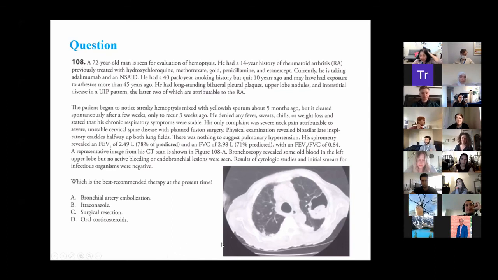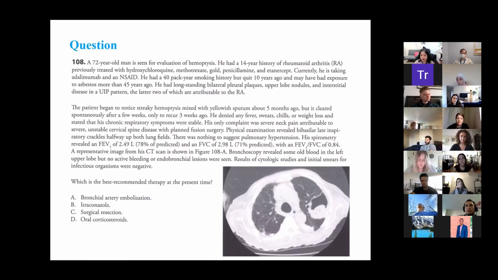This is surgical resection. So one would think about bronchial artery embolization, but it's been shown for aspergillomas to have a really high recurrence rate. If he was really unstable, you would do it to stabilize him and buy you time so you didn't have to do an urgent surgery.